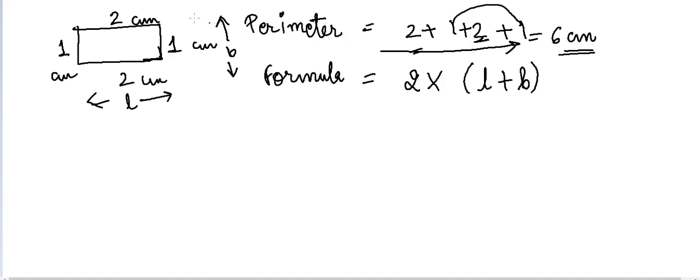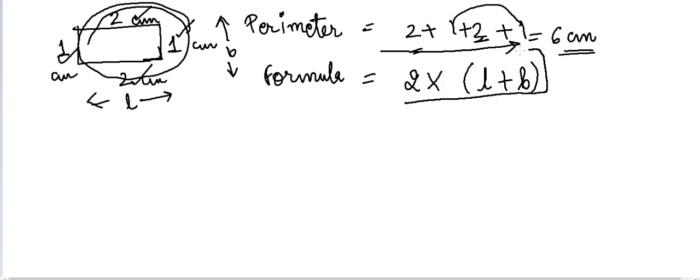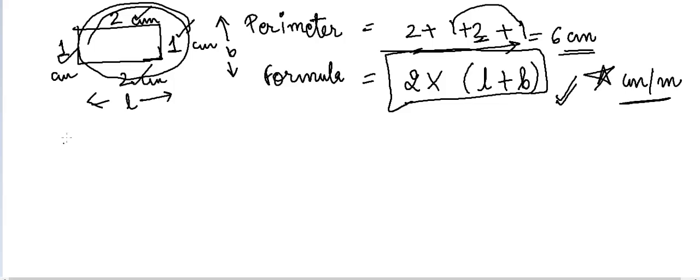As you can see, we are taking length twice as well as breadth twice, and now we are adding all these sides. So this is the basic formula for calculating the perimeter of a rectangle. The unit is always as the given unit, like it can be centimeter, meter, whatever is given in the question.